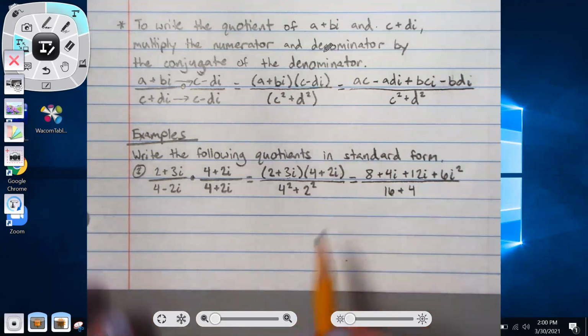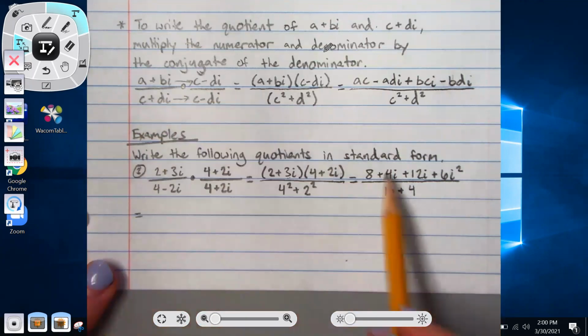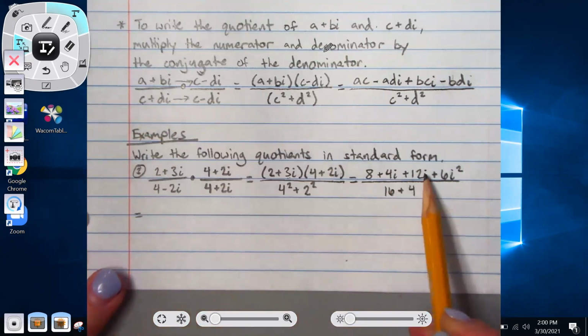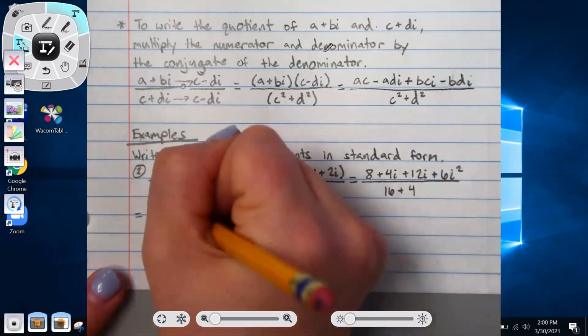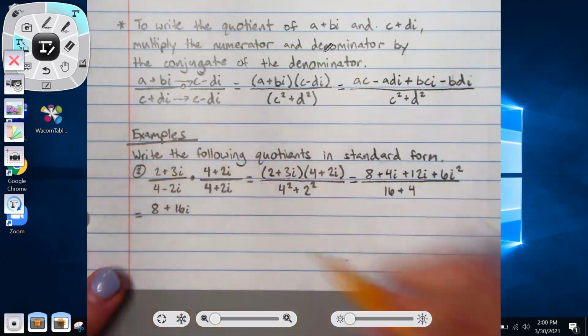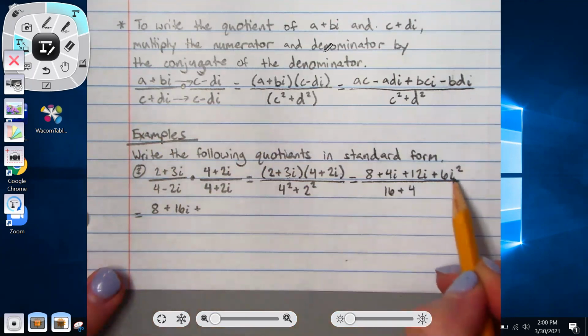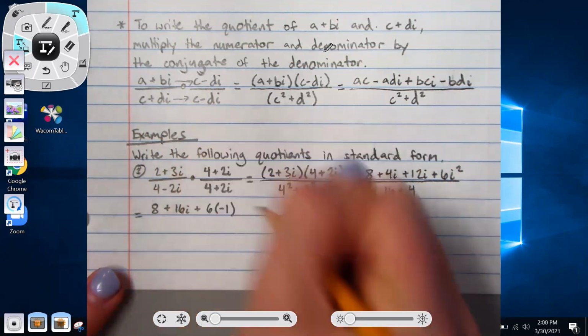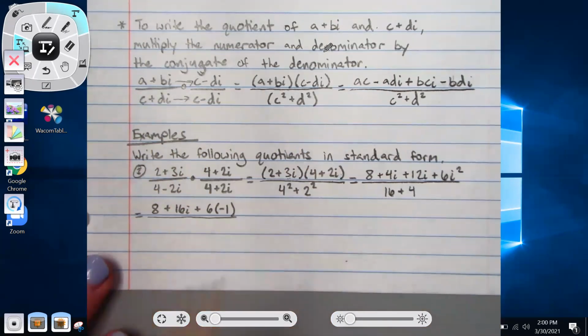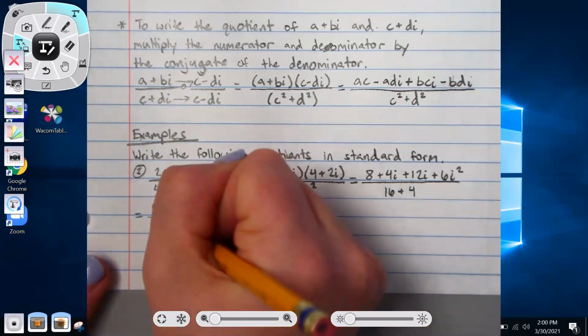There's still more that we can do. In the numerator, we can combine 4i plus 12i. So we have 8 plus 16i plus 6i squared. I squared we know is -1, so we can replace i squared with -1. In the denominator, we have 16 plus 4, which is 20.